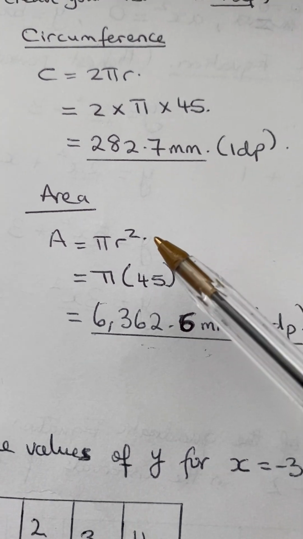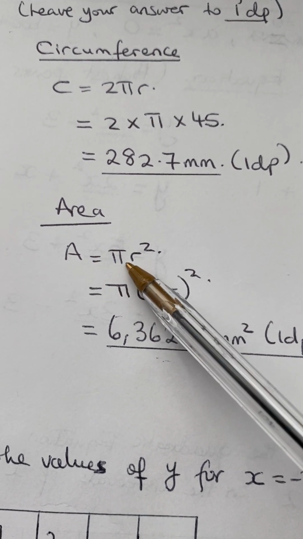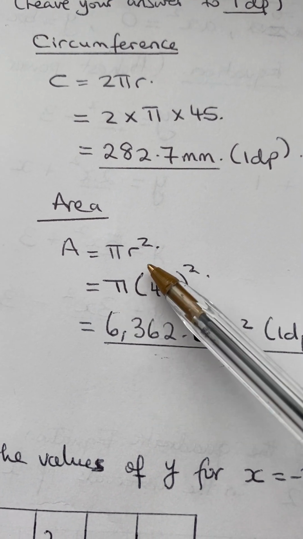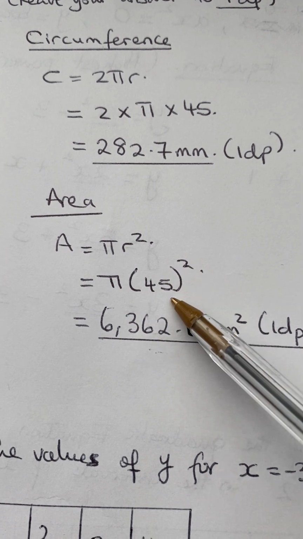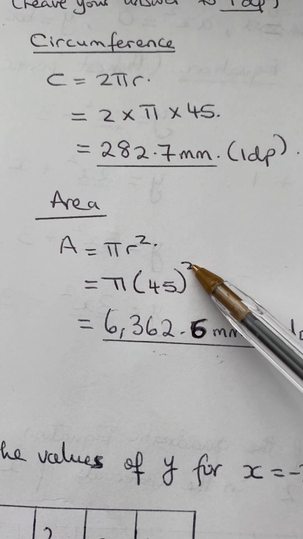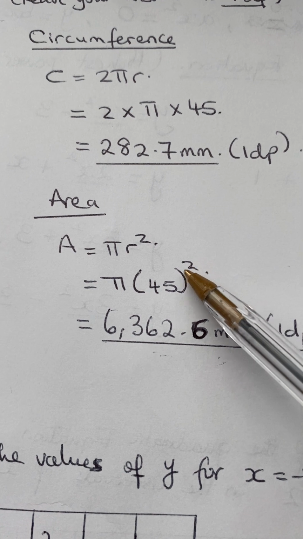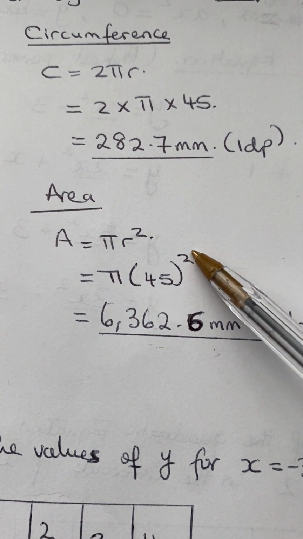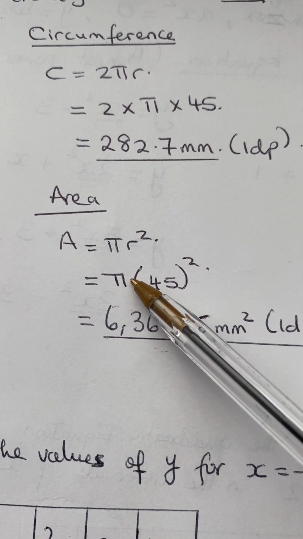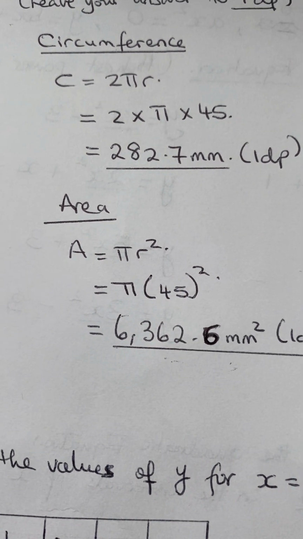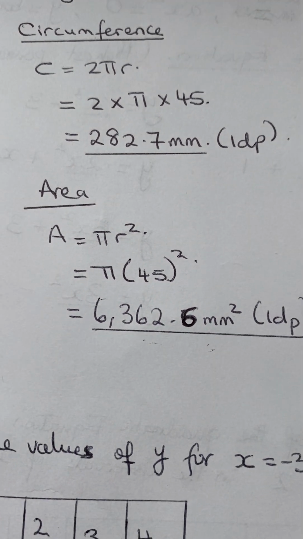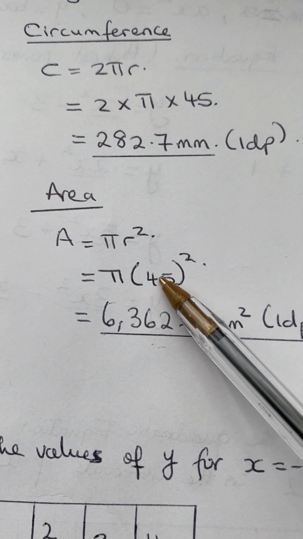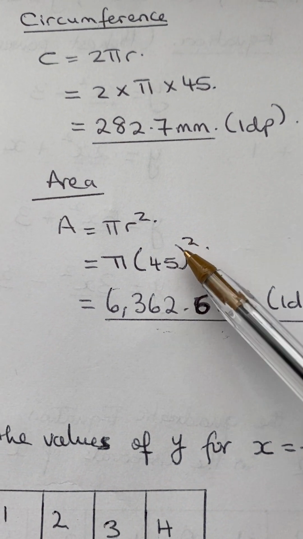Now let's look at the area of the circle with radius 45 millimeters. Area is pi r squared. So pi and then in brackets r is 45, squared. If you square 45 on your calculator and then multiply by pi, you just press shift and press pi and multiply by whatever you get from 45 squared.